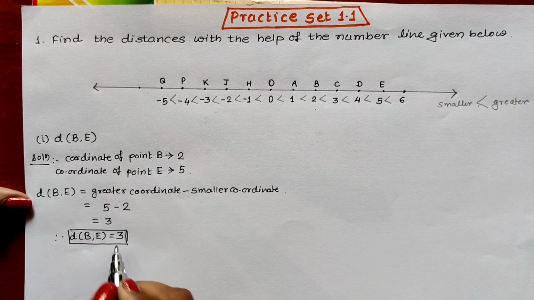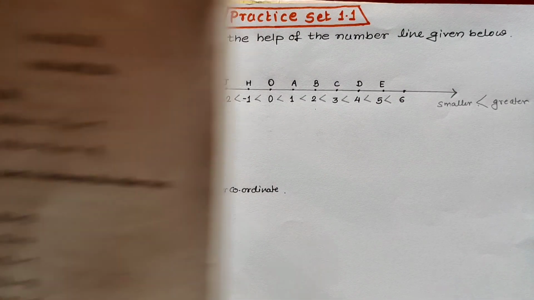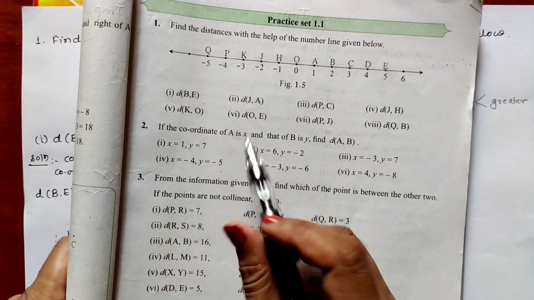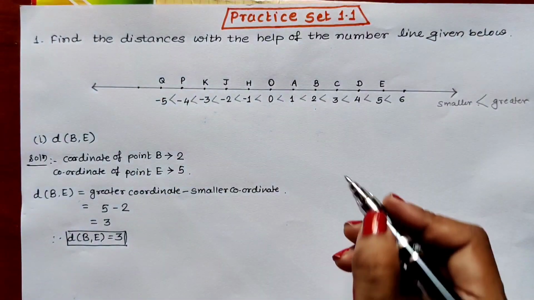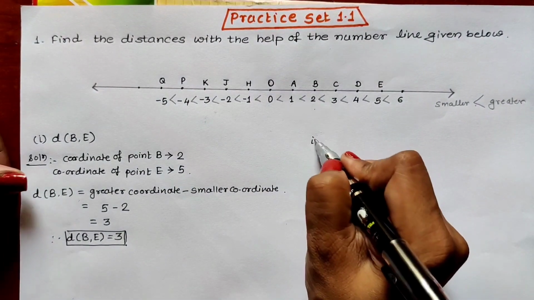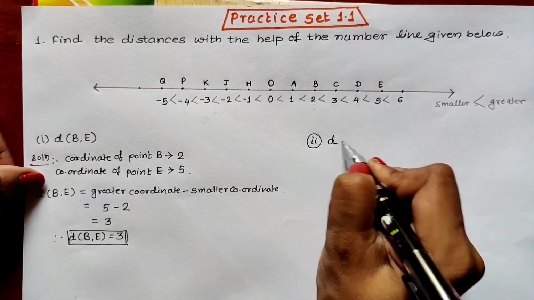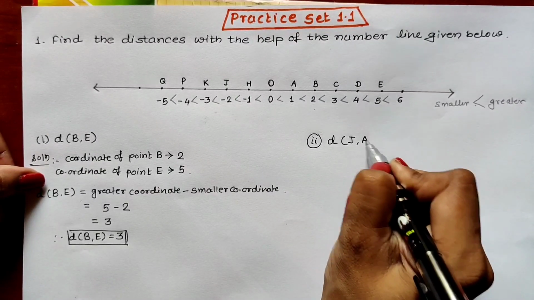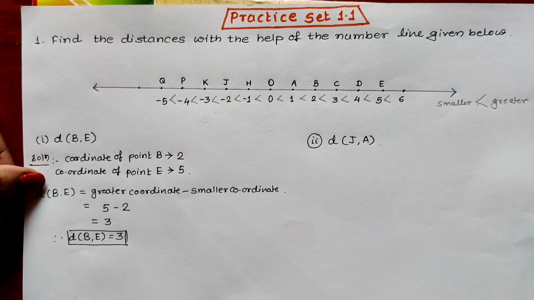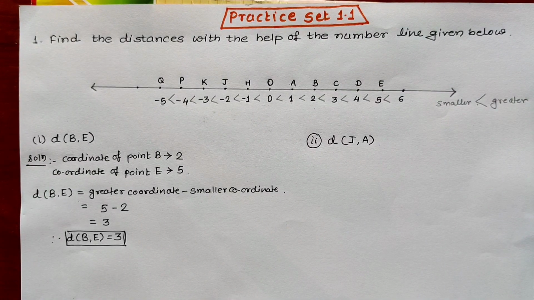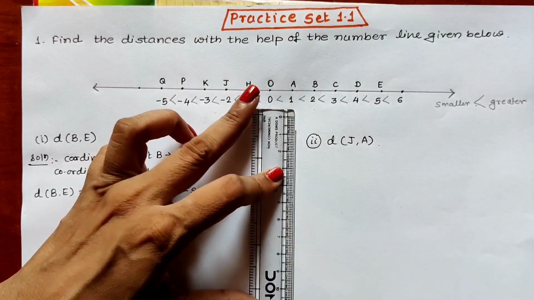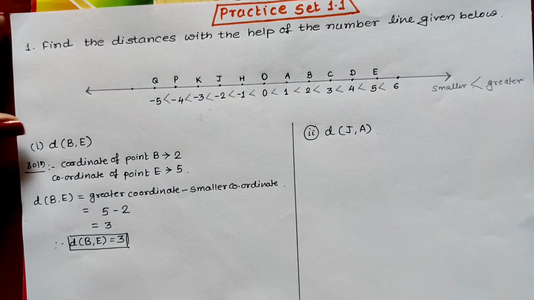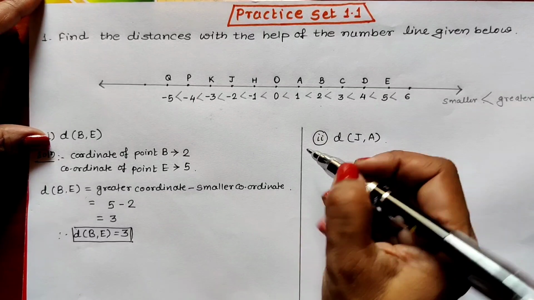Now let us check the next distance. We will do any 2 or 3 sums from this first question. Second sum is distance JA. Okay, let us write the coordinates first. I will start the solution here.